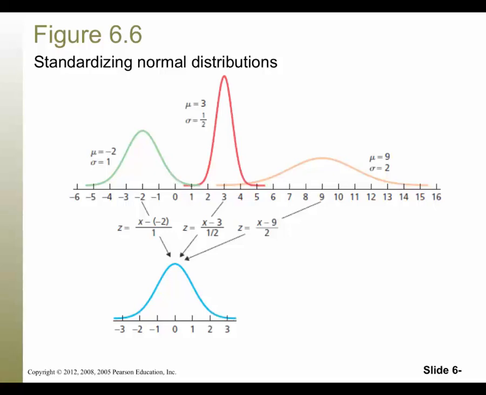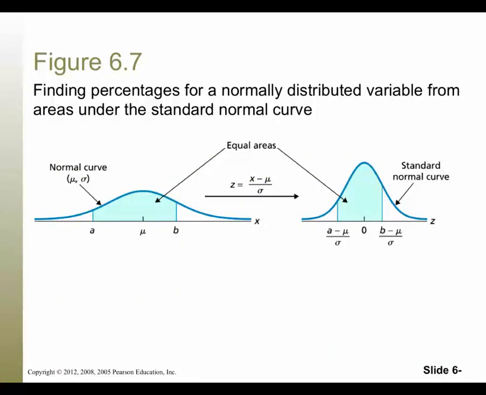That's what this shows. The area on the curve that you're given for the normal curve between 2 values of the variable will be the same as the area under the standard normal curve for those corresponding z-scores. Same area.